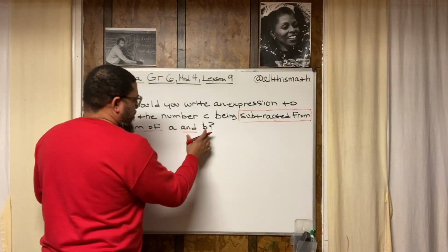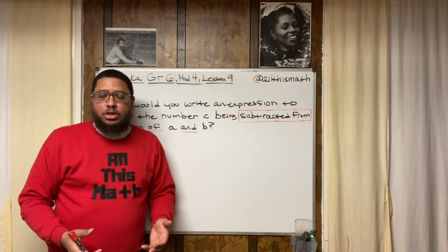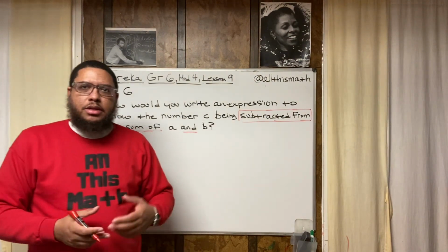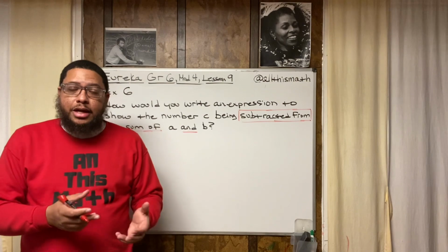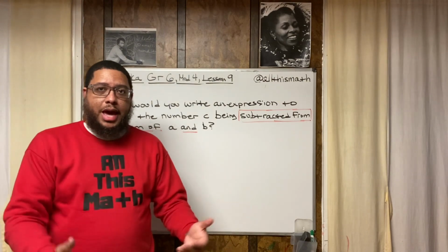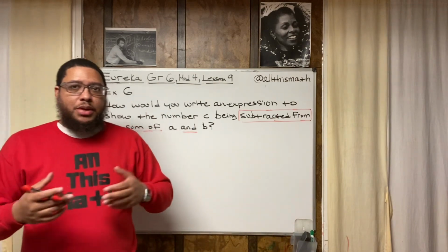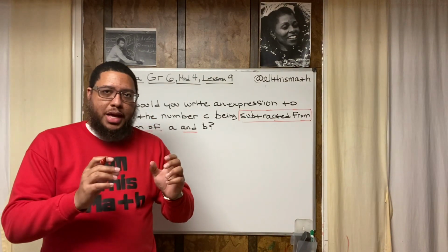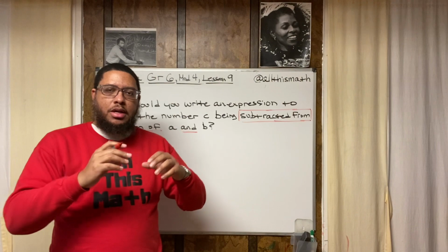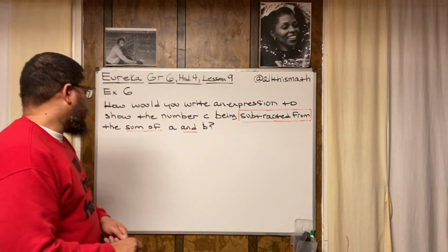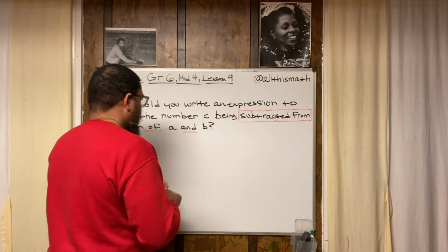I'm adding together A and B. Now A and B are letters, so we can't come up with an actual single sum. We can't add letters, but we can show them being added. We can add numbers together like 1 plus 2 is 3, but we can't add A and B, but we can show them being added by writing them as a phrase, A plus B.